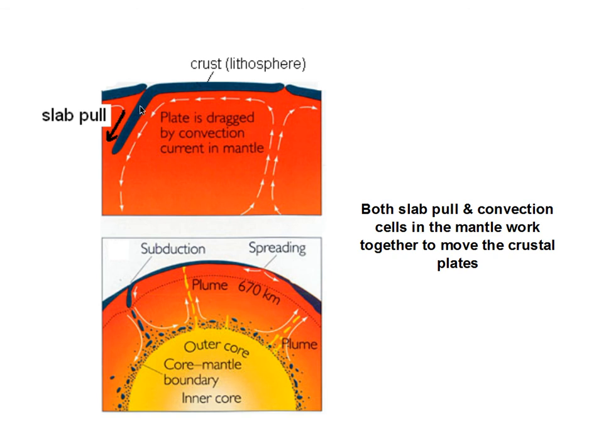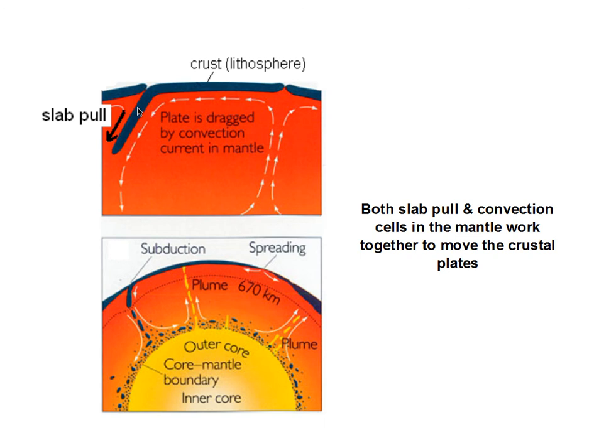Also, we have slab pull. You see, the crust is created at the mid-ocean ridge here, from magma that comes up to the surface and is cooled and solidified. This crust moves along, and as it does, it cools off, and becoming cooler, it becomes more dense, and thus eventually will sink down into the mantle and be destroyed.